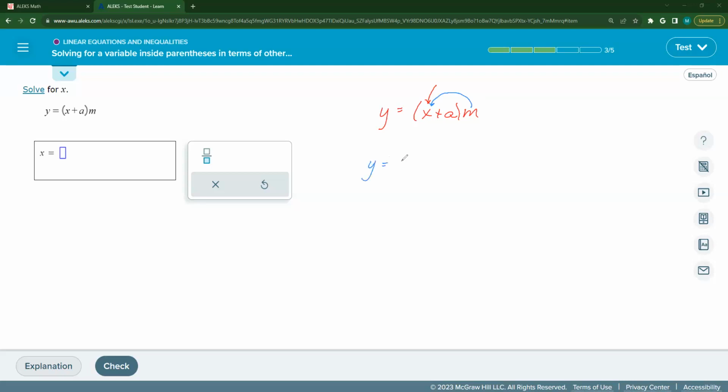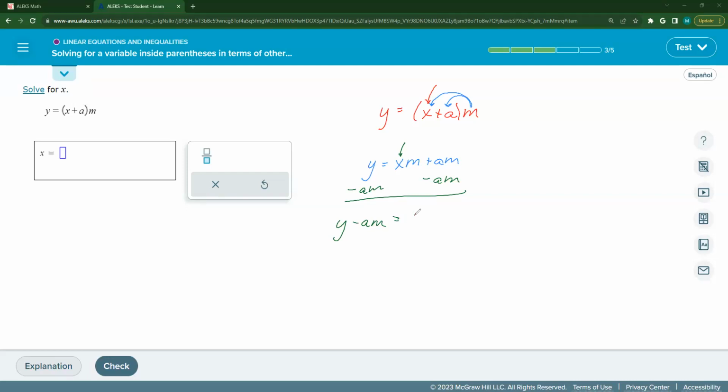y equals xm plus am. Get rid of the stuff on the side with the x, because this is still what I want by itself. So minus am, minus am. I'm going to say y minus am. I could put that minus am in front and then have plus y.